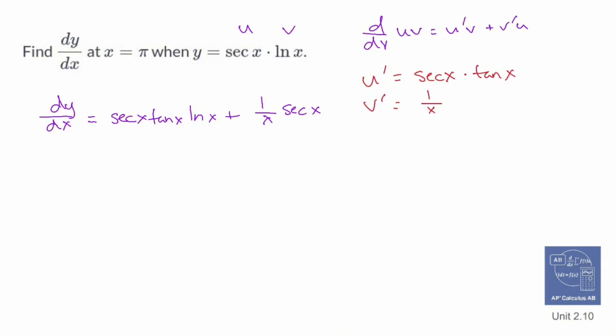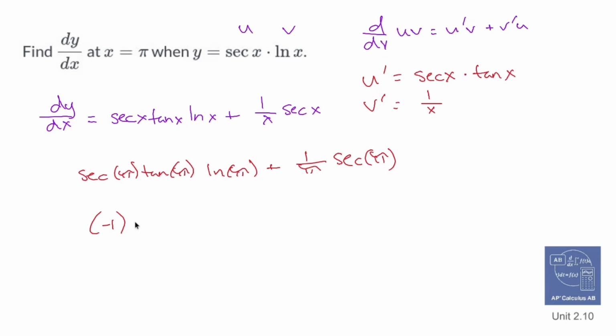So if I plug in pi, I end up with secant pi, tangent pi, ln pi plus 1 over pi secant pi. So pi's everywhere. It's like Thanksgiving. All right, so hopefully we remember this stuff. Secant of pi is -1. Of course, that comes from the fact that you have 1 over cosine pi.